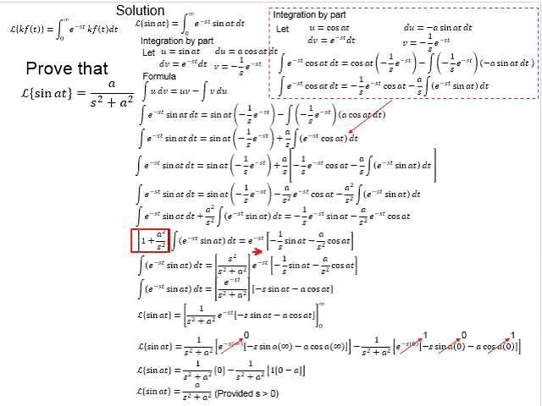Bring this to the opposite side and rearrange this into this. These functions can be rewritten in this manner, where the s here can be cancelled out with the s within the function.